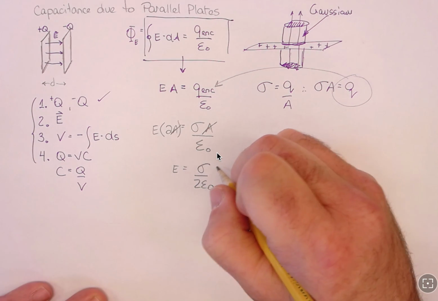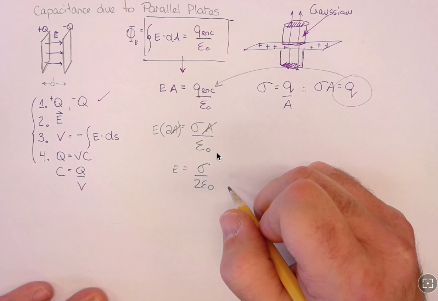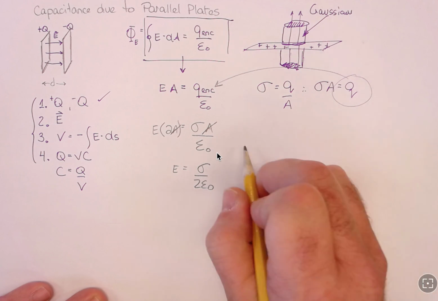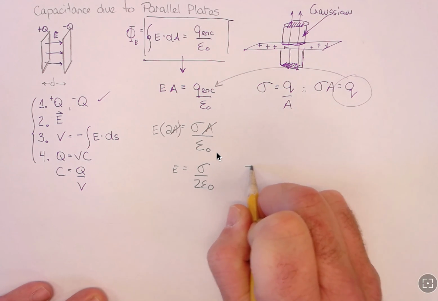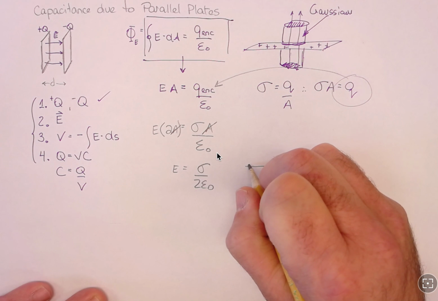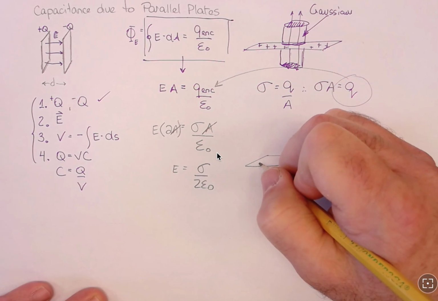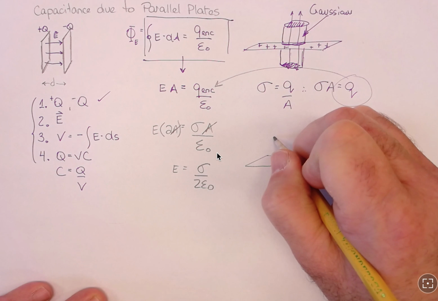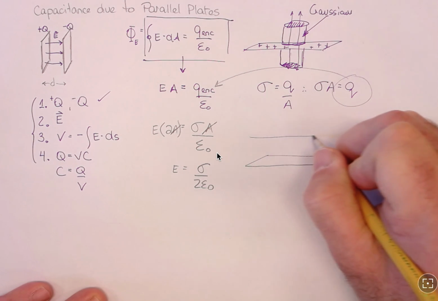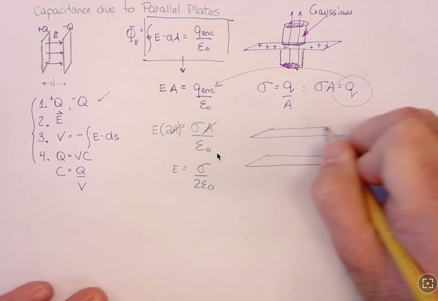Again, this is all a review. This is the electric field strength for a single plate. If I were to look at a side view of a single plate, sketched three-dimensionally, it might look like this. Then that means that in a parallel plate capacitor, I also have a negative plate.